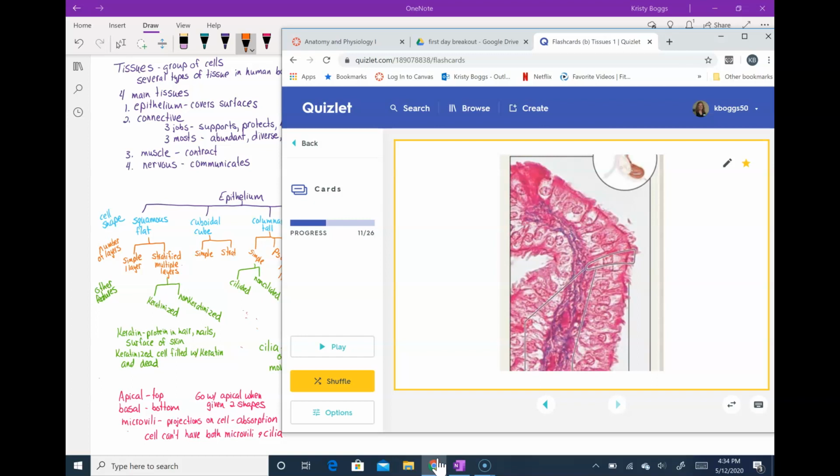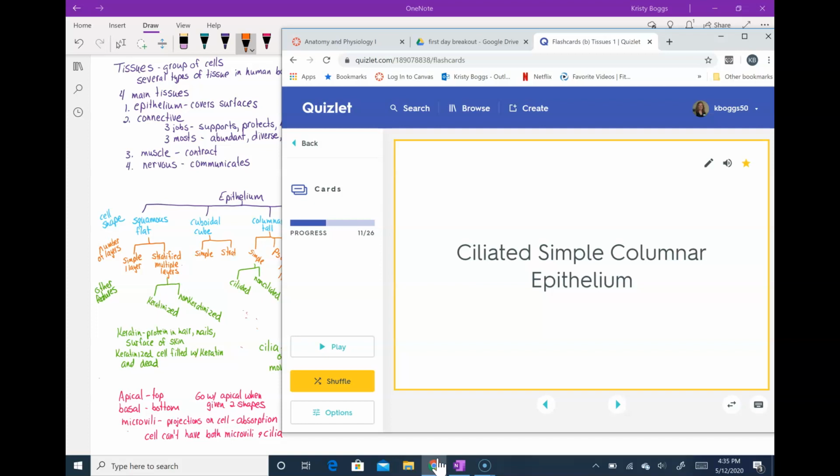This is 1 row and the tissue itself kind of folds back around. But those nice straight nuclei mean that this is a single row, so this is simple. And remember, with simple, we have to decide ciliated or non-ciliated. We'll look at these little hairs on the surface here. This is ciliated. So we have ciliated simple columnar epithelium.